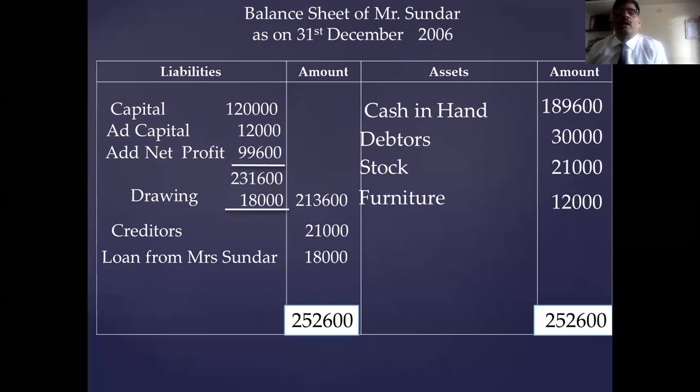And in the format, I have given debtors account, creditors account, P&L account, trading account, balance sheet. So in the format, you have to remember another two items.